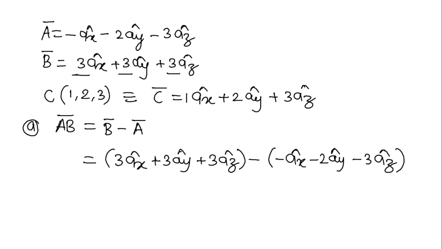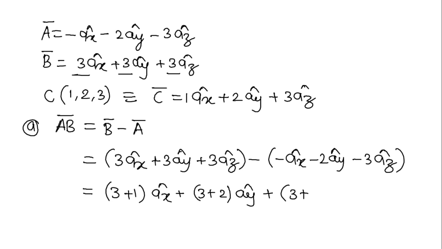In the next step, we take the coefficients of ax cap together, ay cap together and az cap together. So here we write within parentheses 3 plus 1 multiplied by ax cap, further 3 plus 2 multiplied by ay cap, and finally 3 plus 3 times az cap.